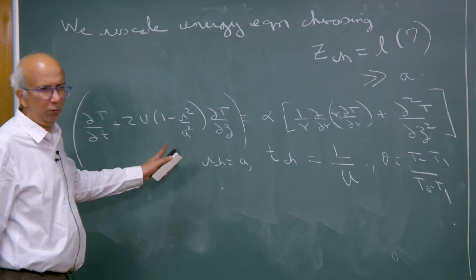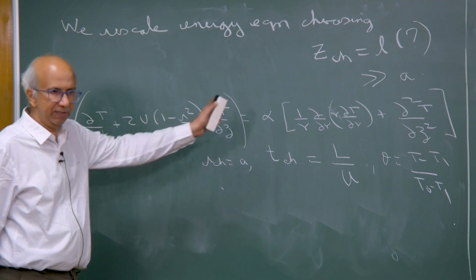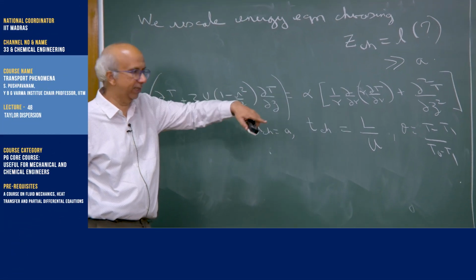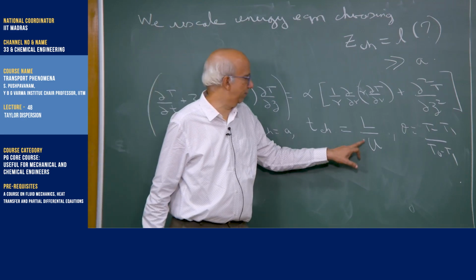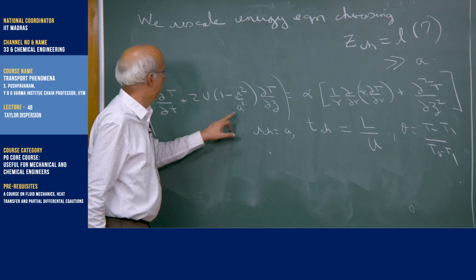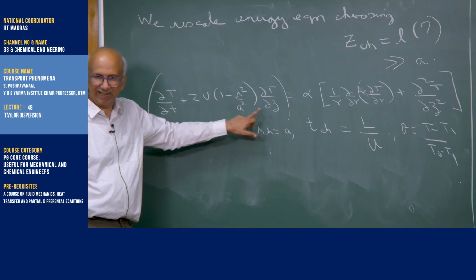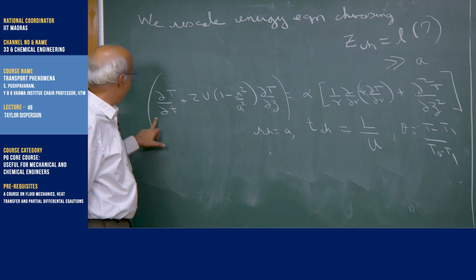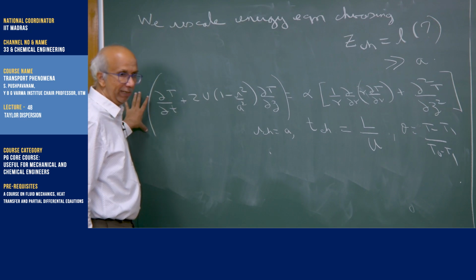I am not going to do the theta part again, I am just going to change T to theta, because T naught minus T1 cancels everywhere, as you saw earlier. By choosing L by u, I get an L when I make Z dimensionless, and T will give me L by u. I already have a u, so I can take u by L common.